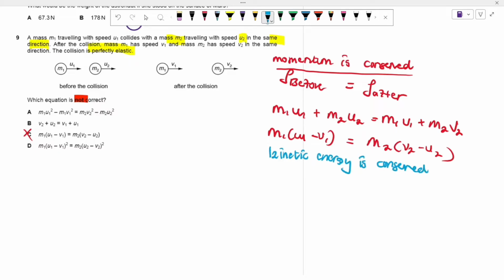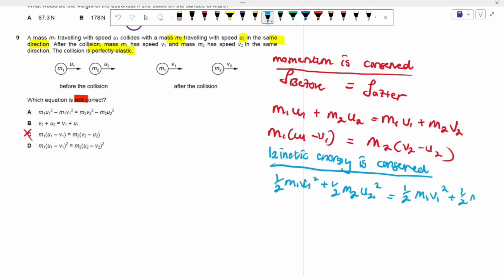So kinetic energy, you just find it by saying 1/2 m1 u1 squared plus 1/2 m2 u2 squared should be equal to 1/2 m1 v1 squared plus 1/2 m2 v2 squared.